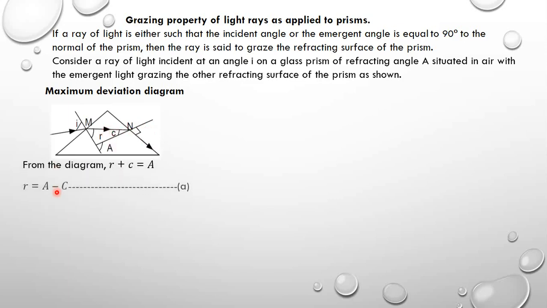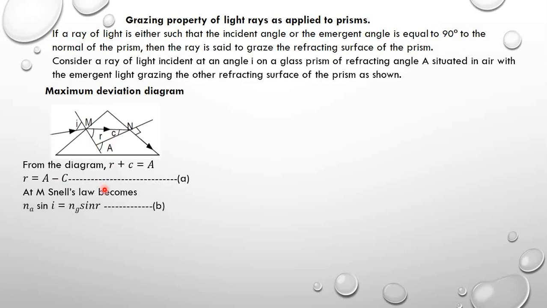And then we are going to apply Snell's law at M. We shall have Na sine I is equal to Ng sine R, and therefore we shall have that. And then when we substitute for R in that equation, remember R is A minus C, and so we shall have sine I is equal to Ng sine of A minus C. Refractive index of air is 1, so that's why this is having a coefficient of 1 there.